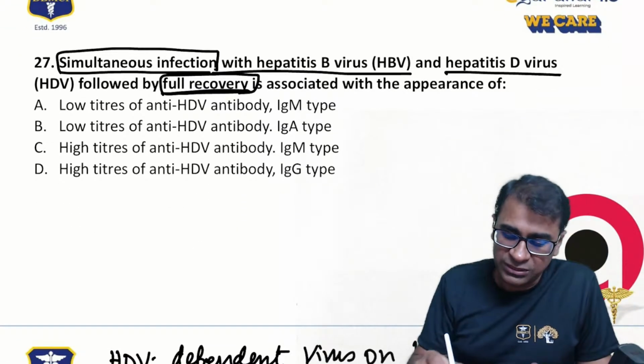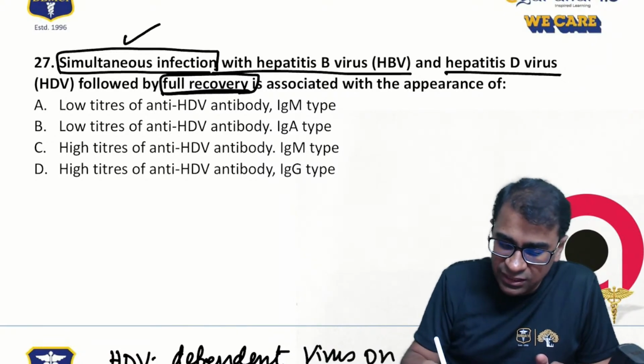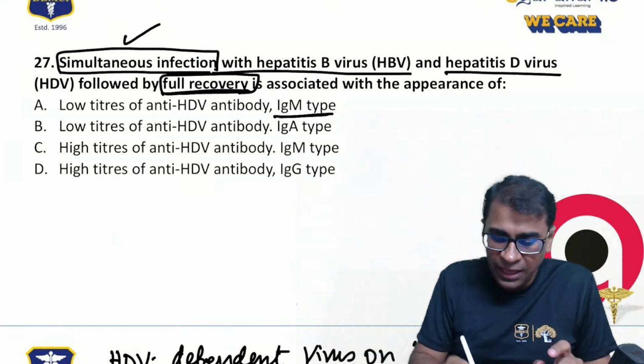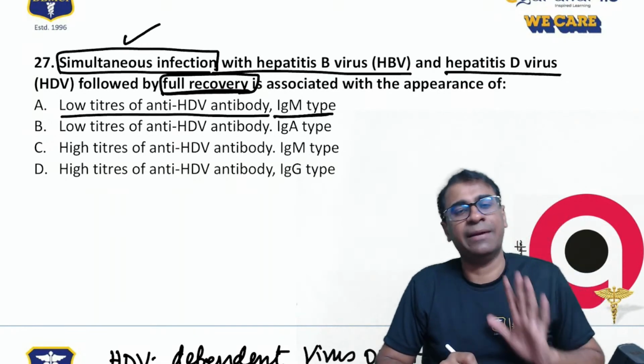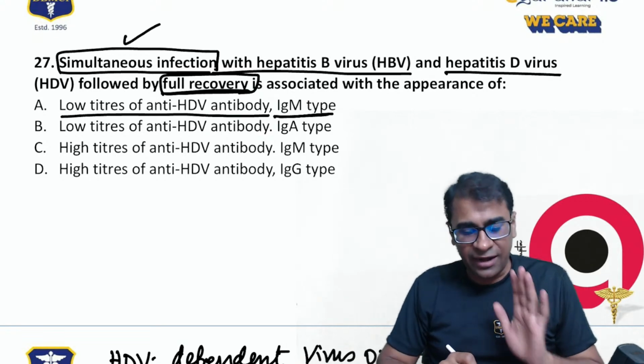In simultaneous infection you should get IgM, that should be clear first. Along with that you get low levels of anti-HDV antibody of IgM type. That is the right answer to this question.